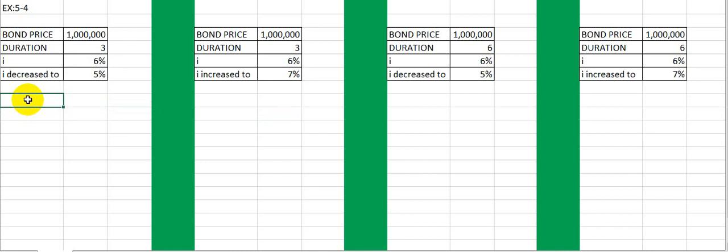The rule says the dollar change in the price of the bond equals minus duration times the change in interest, divided by 1 plus I, the initial I, which is in this case the 6%, times the price of the bond. Okay, so times P.